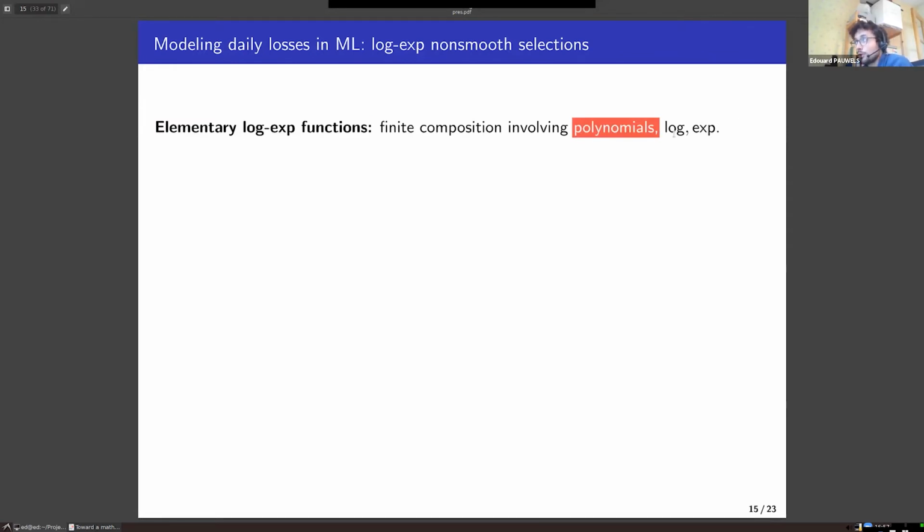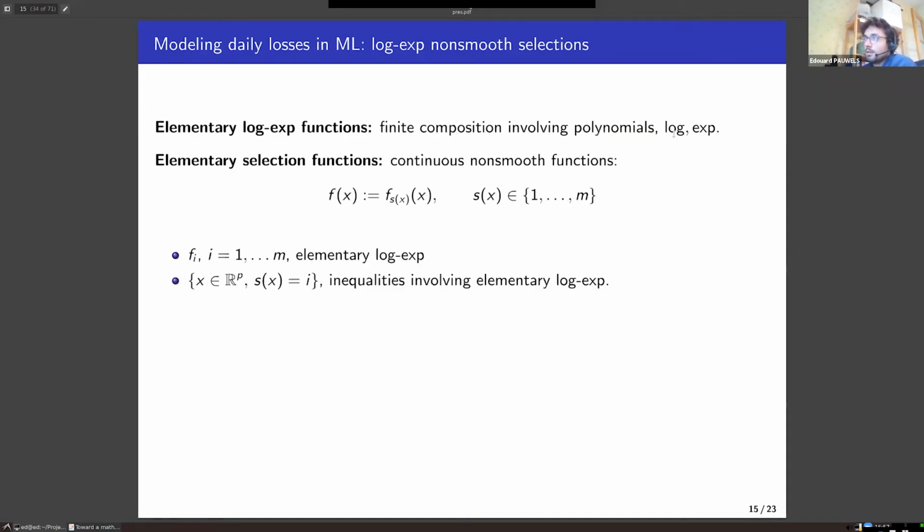This captures a lot of the smooth functions that we have in machine learning, and potentially virtually the totality of them. And those are the nice functions. To define a class of non-smooth, non-differentiable functions, we will use a finite number of nice functions. So I will choose m of them.